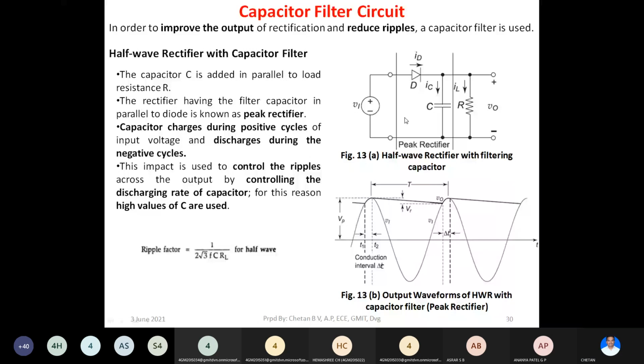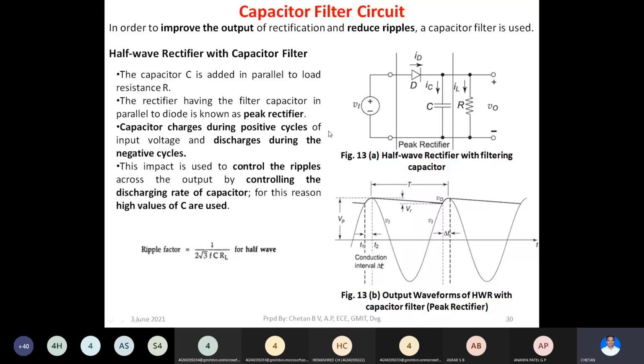In the examination or in the IA, they may ask you to explain the peak rectifier circuit, right? Then you should not get confused whether it is a half wave rectifier or full wave rectifier. A peak rectifier circuit is a half wave rectifier with a filtering capacitor, or with a capacitor filter. That is what a peak rectifier is, right?